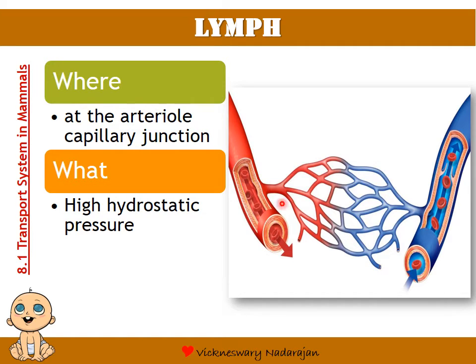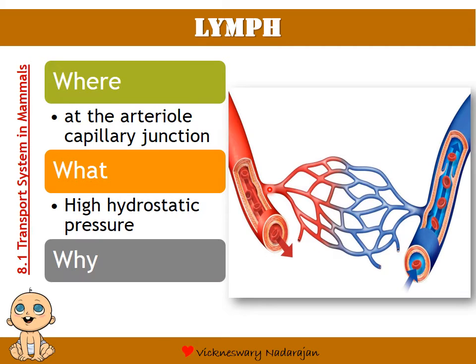Why should there only be a high hydrostatic pressure on this junction and not on this? The reason is because, from the arteriole to the capillary, there is a reduction in diameter. So as the blood is flowing very fast, suddenly it has to slow down because the capillaries here have such a small diameter.